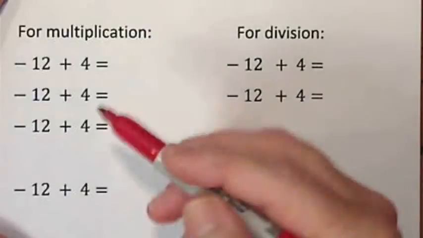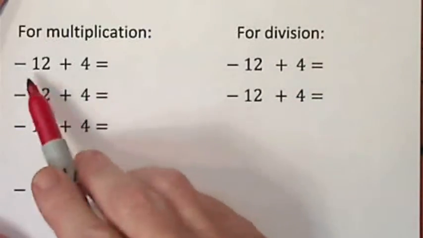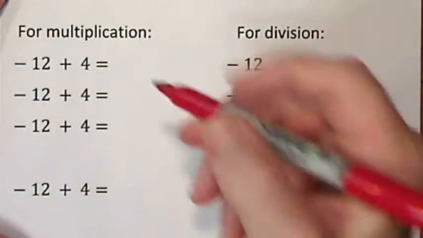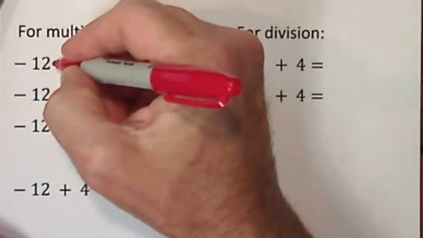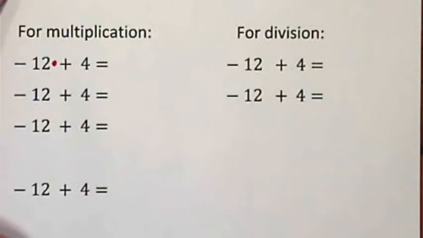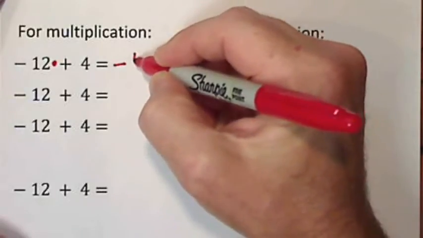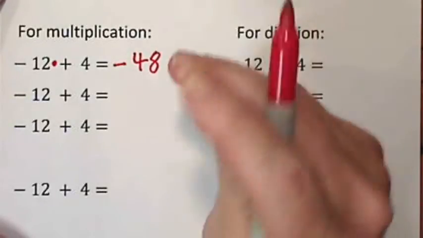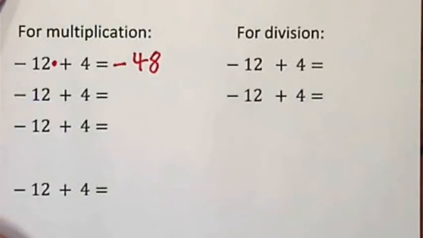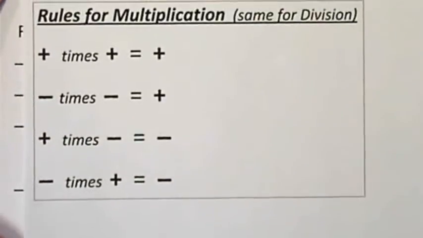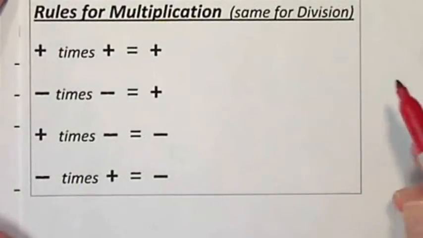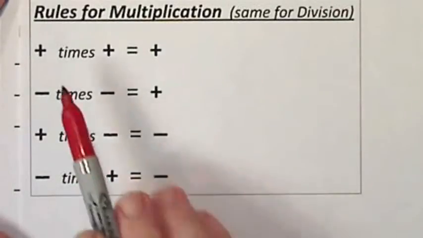All right, so at this point this is still addition or subtraction. If I put a dot here, now it means to multiply, and the result would be -48.